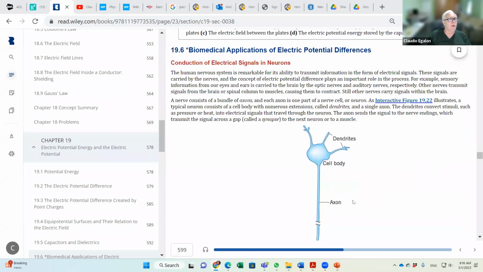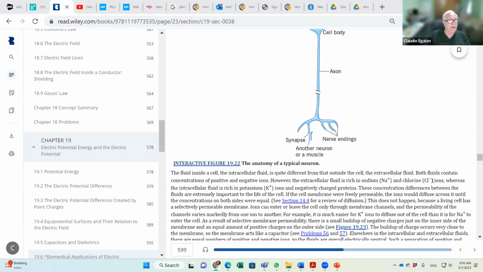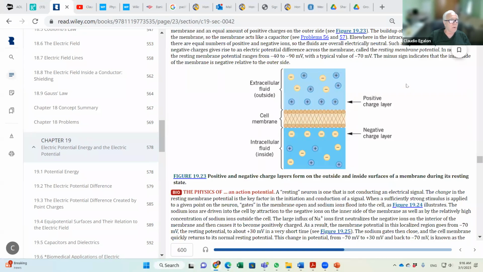And then we have those biomedical applications that are not going to show up in the exam, but might be of your interest. One interesting thing about capacitors is that many cells in the body behave like capacitors.